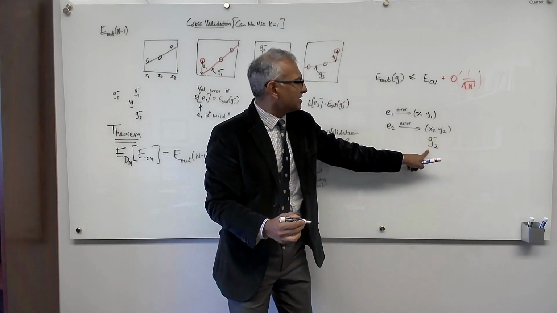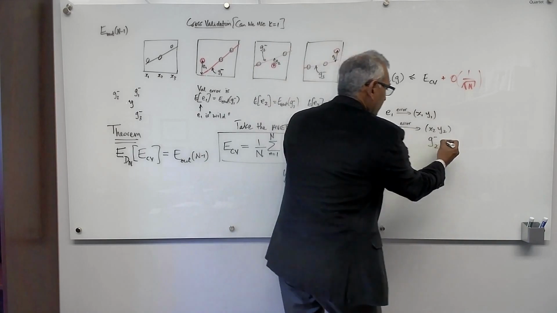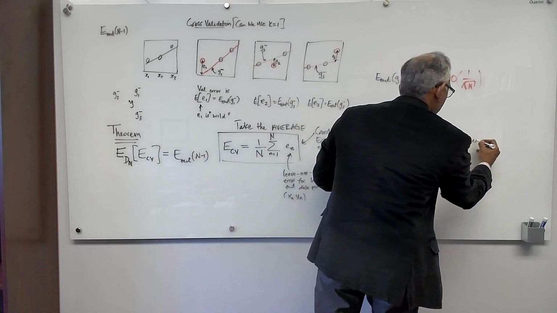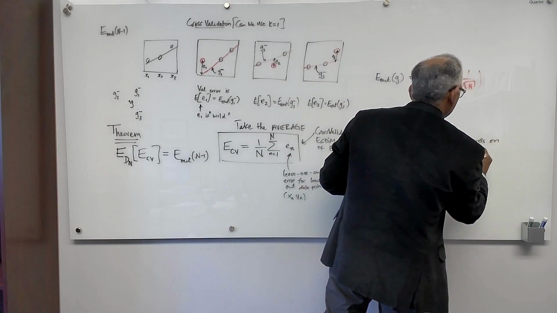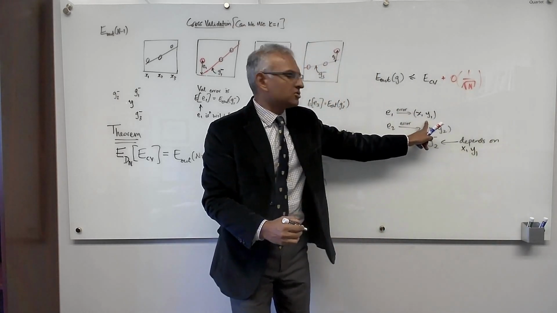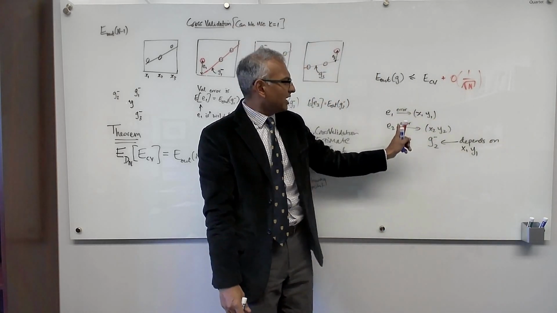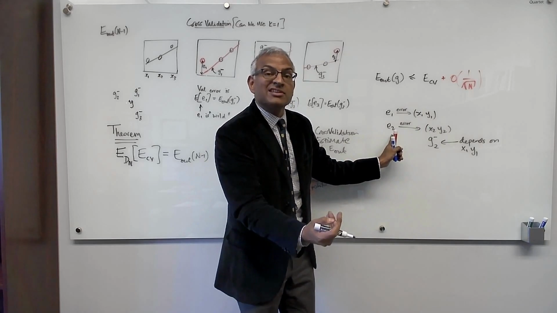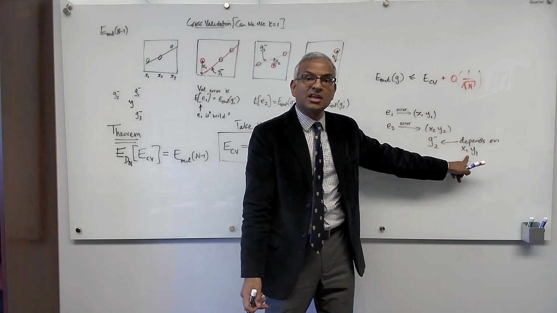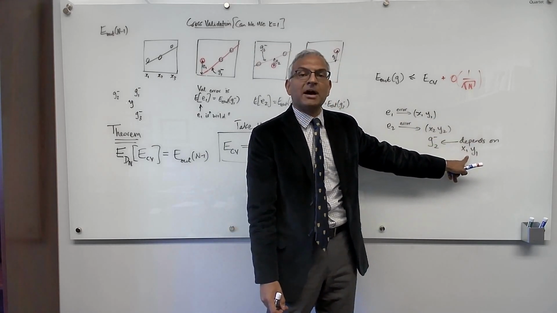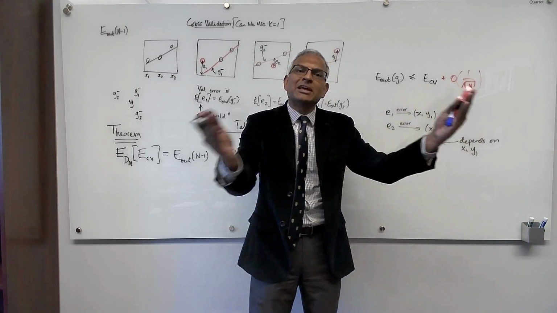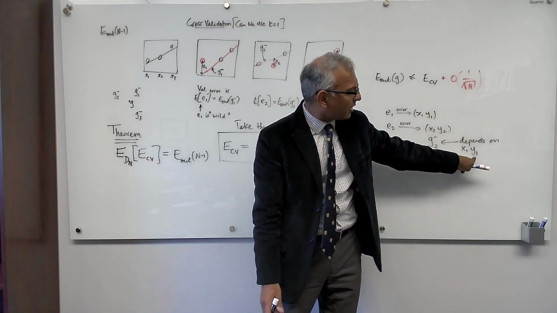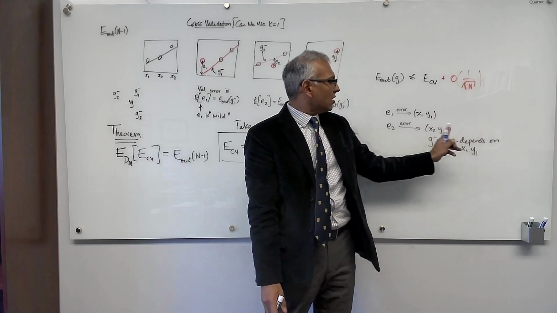But g2 minus depends on x1, y1. So E1 depends on the first data point x1, y1, and E2 also, in a very subtle way, depends on the first data point x1, y1, albeit not that much, because g2 minus depends on n minus 1 data points. So the influence of x1, y1 is not very large on E2.